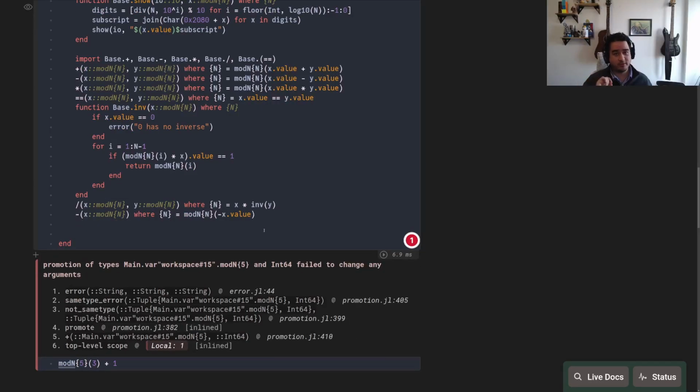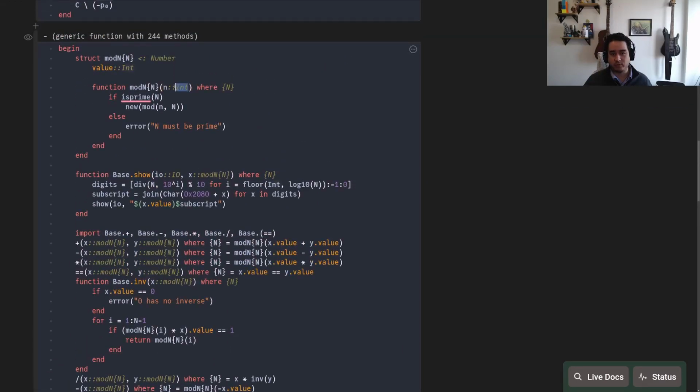So actually, interrupting myself here, I was watching it back and I noticed that there is something better to do in this case. You could do instead a promotion rule for integers. Essentially what you want is, if you have a number which is an integer and not a mod n number, you can promote it to a mod n number by simply calling this constructor on the number. This happens because we have a constructor for mod n which receives an integer.